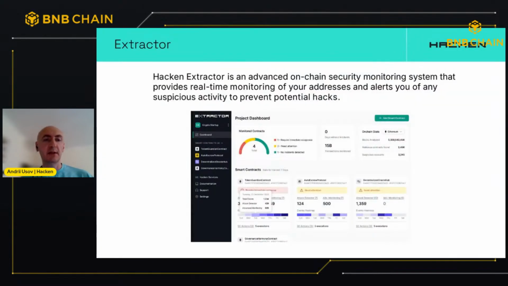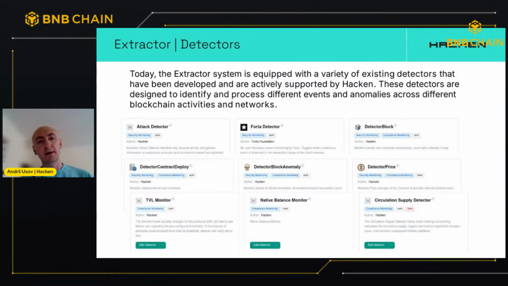First of all, what is extractor? If you don't know, that's a security monitoring system. Its main goal is to perform real-time monitoring for your addresses. You can configure it, and extractor itself already contains many existing detectors which are developed and supported by Hacken, and which you can use for your case.